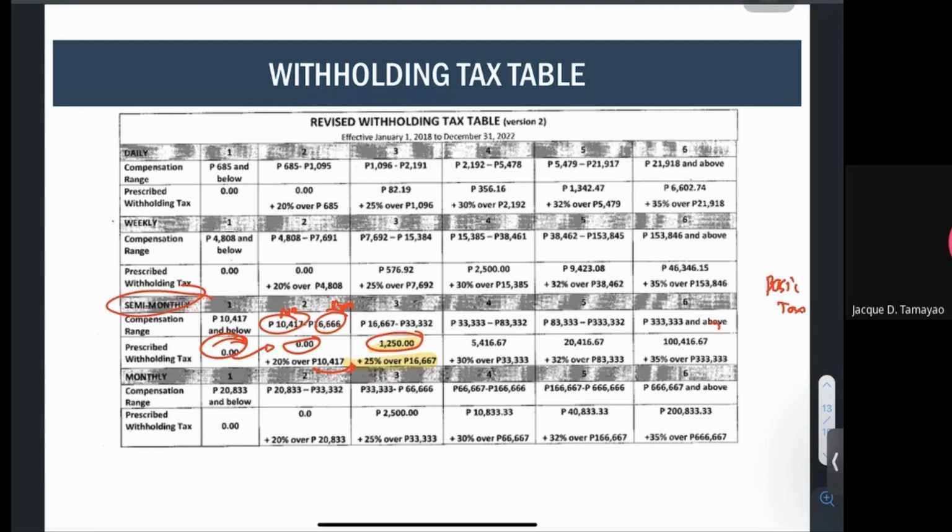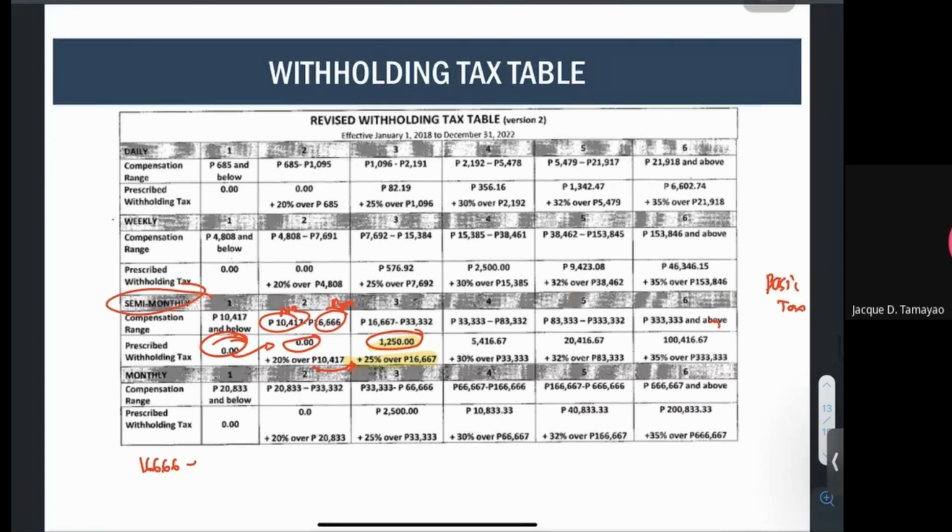Okay, let's try. So the higher amount here is 16,666. The lower amount here is 10,417 plus 0 multiplied by the rate of 20%. How much? 16,666 less 10,417 times 20%.